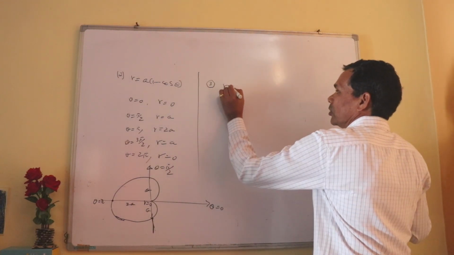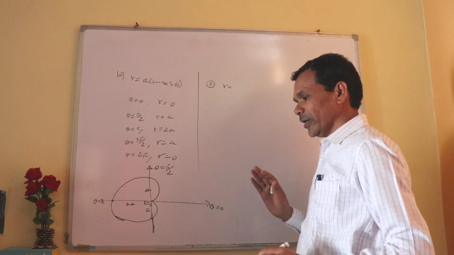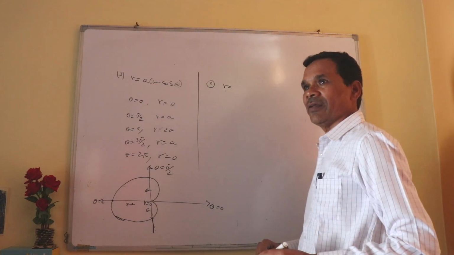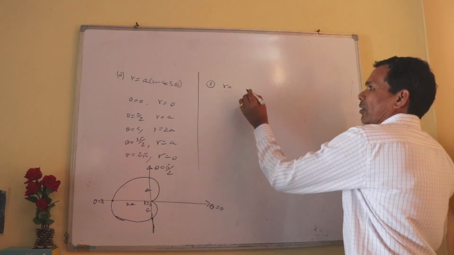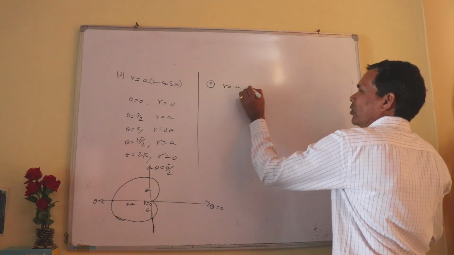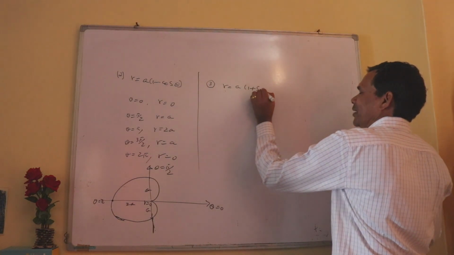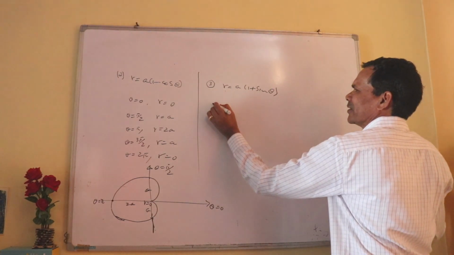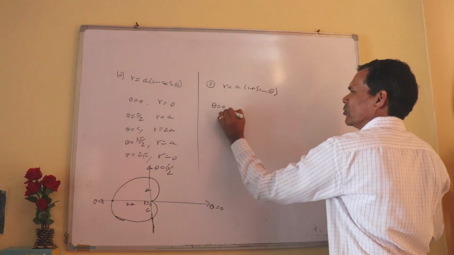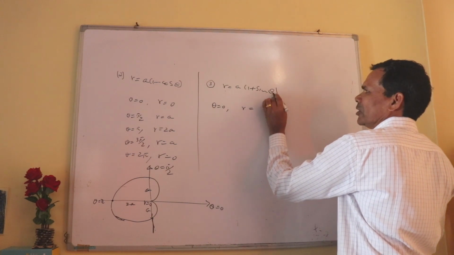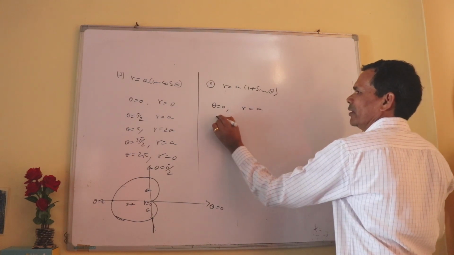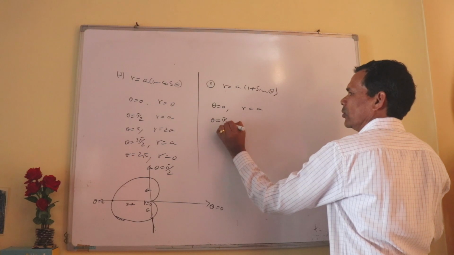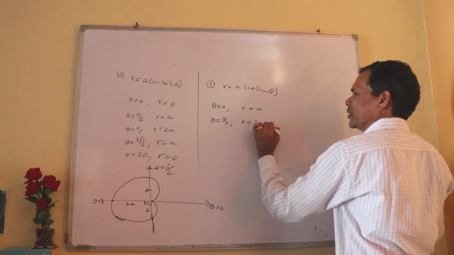Similarly, r is equal to a(1 plus sin theta). Naturally for theta is equal to 0, sin 0 is 0, so r is equal to a. Theta is equal to pi by 2, r is equal to 2 times a.